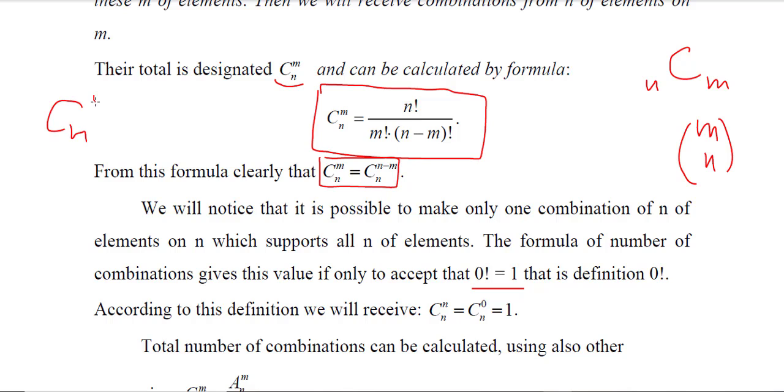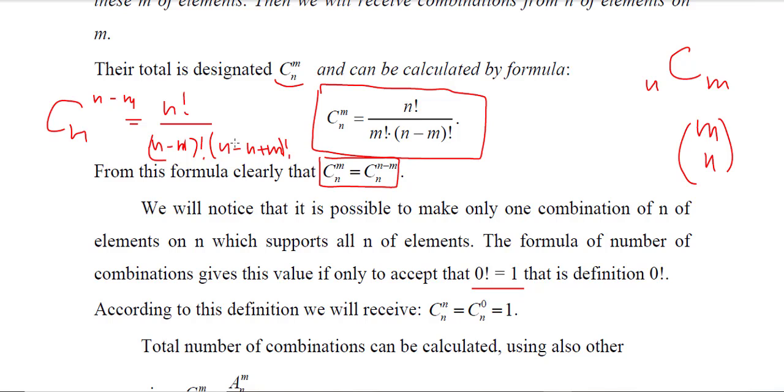Combination n minus m equals n factorial in the numerator, and in the denominator we have n minus m factorial, and putting n minus m instead, n minus n plus m, we get factorial m.